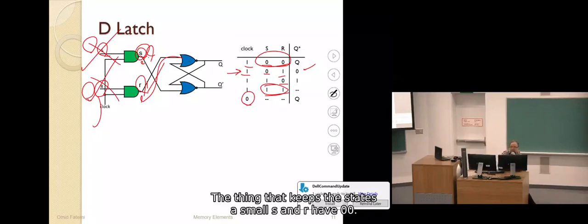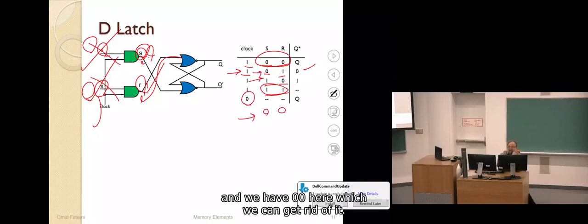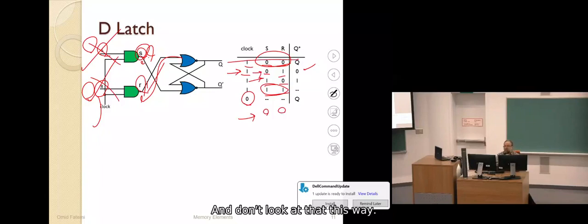So, small s and r have 0, 0 also when the clock is 0. So, we have 0, 0 here. We have 1, 0 here. We have 0, 1 here. And we have 0, 0 here, which we can get rid of and don't look at that.